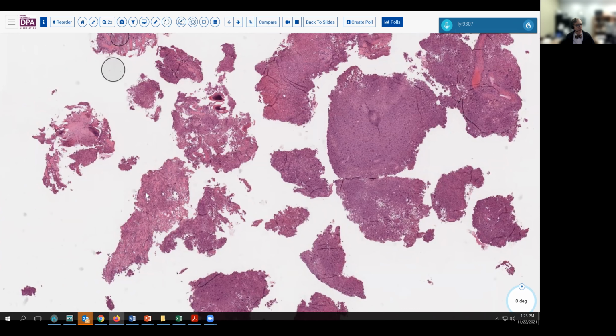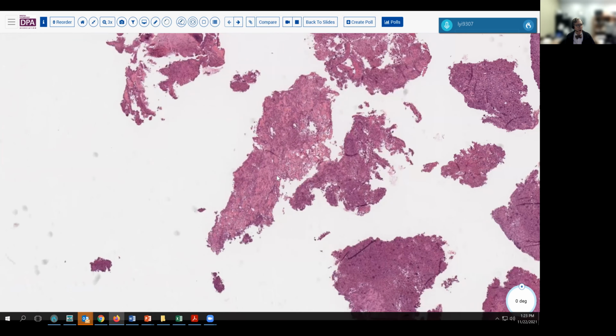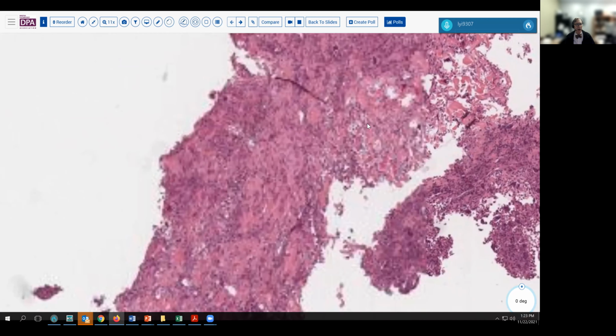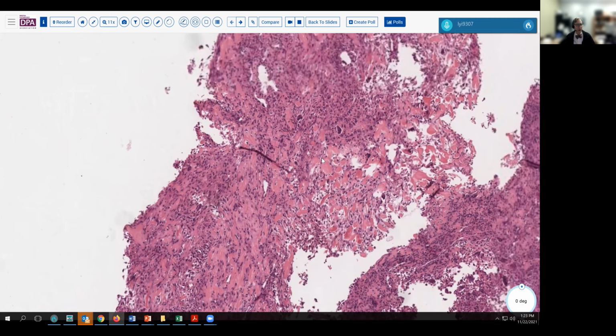And so as we look at this at low power, it looks quite cellular, moderately pinkish blue color. And as we look in a few areas over here, I think you can recognize that there is what appears to be pink osteoid being formed here, or maybe collagenous tissue around the periphery of this.